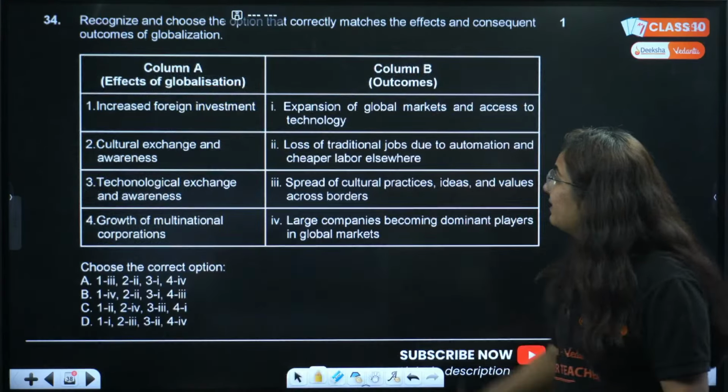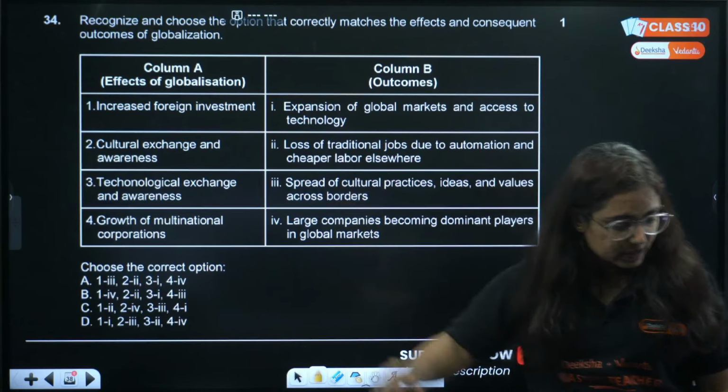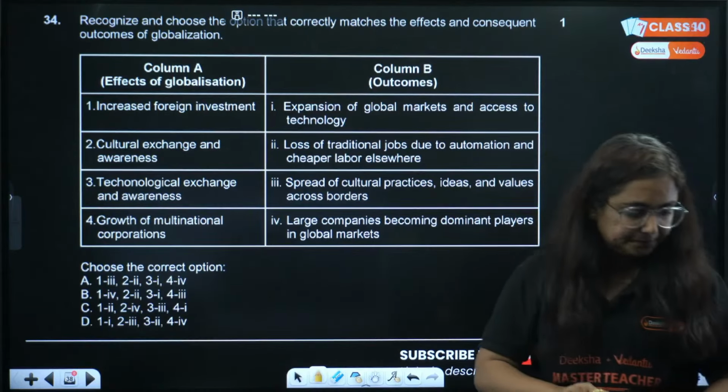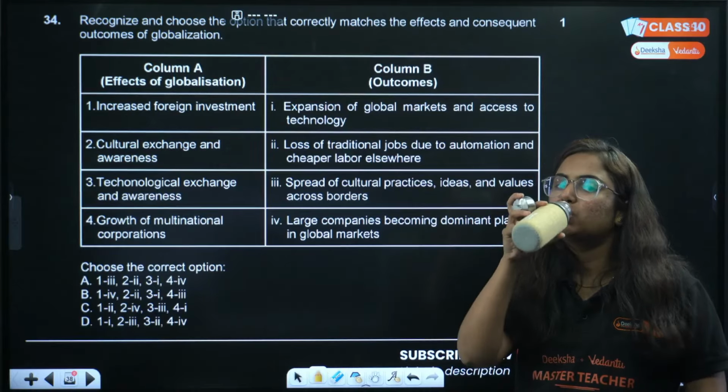Okay, recognize and choose the option that correctly matches the effects and consequent outcomes of globalization. Here are the options. Tell me which is the correct answer to this question. Who is going to tell me this?